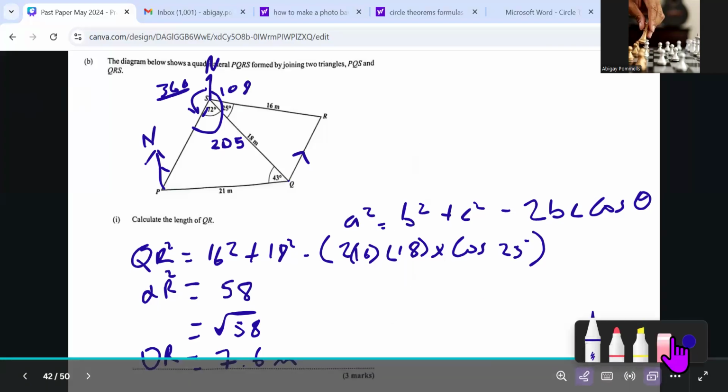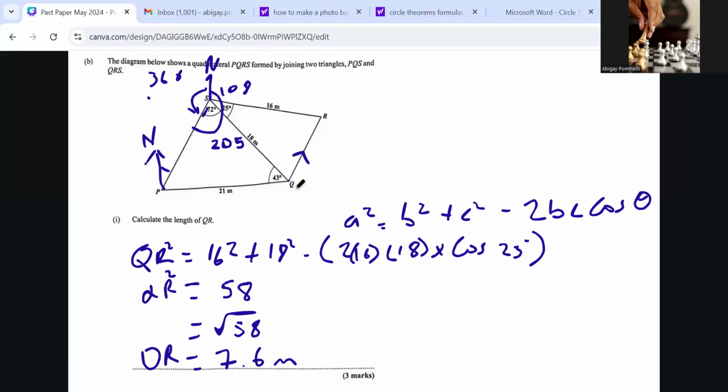So I'm going to subtract. So right here is 360 from 205 gives me about 155.5, good.